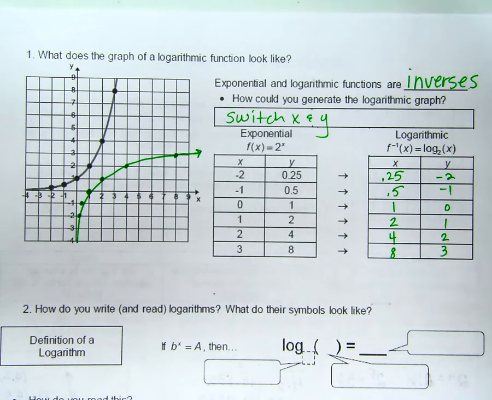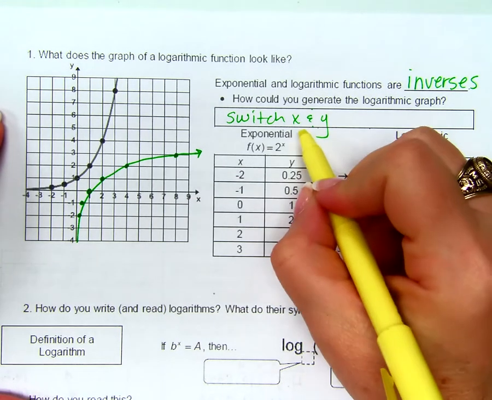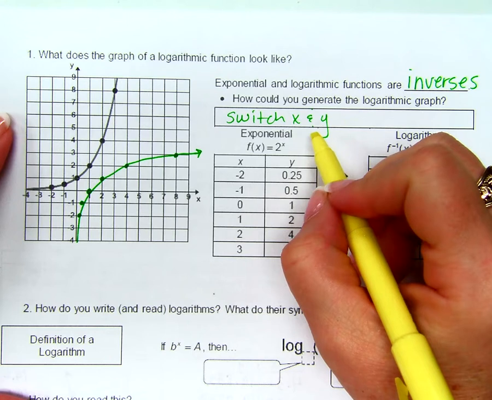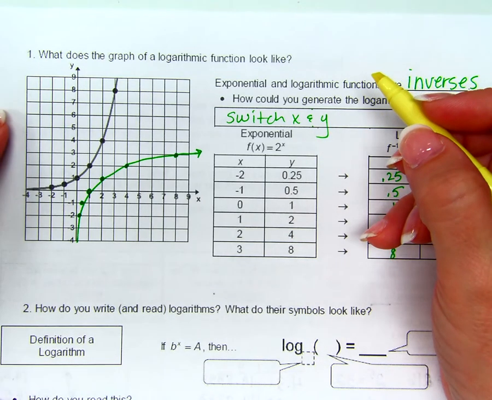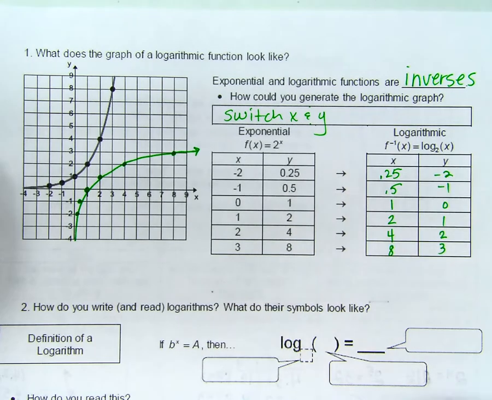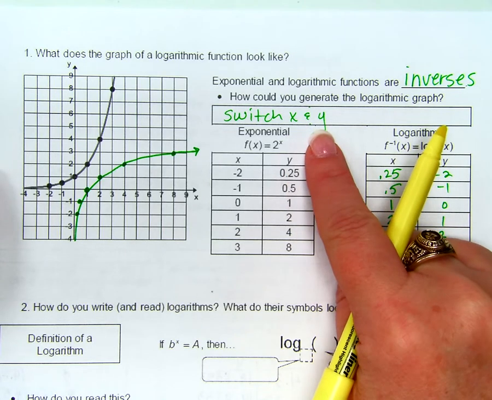Yeah? Because what line do inverses reflect over? What did we do with the x and the y? We swapped them? That's not even a word. Switched them. I was trying to say switch and swap at the same time, I think. Sorry. Didn't we kind of make them equal then?